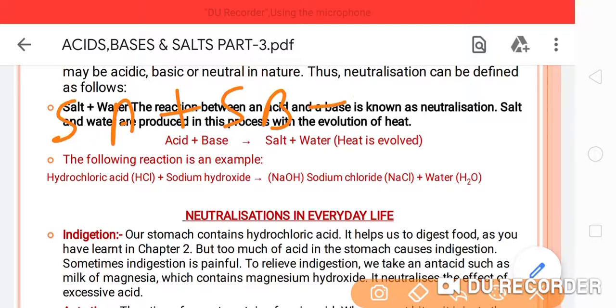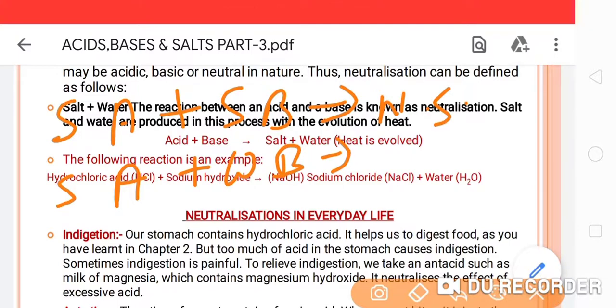So the salt will be a neutral salt. And if a strong acid plus a weak base interact with each other, it will be an acidic salt.